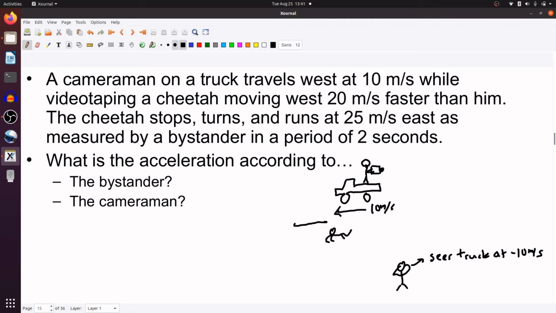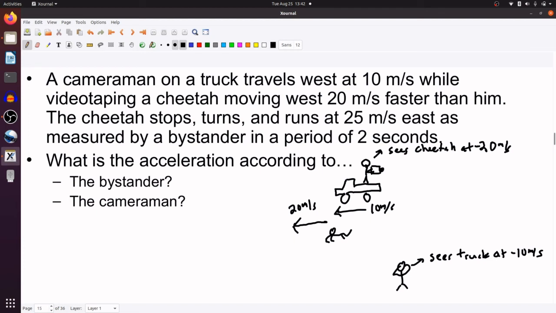So, we see that the cameraman sees that the cheetah is moving 20 meters a second faster than him in that direction. So, I'm going to write this out here. Sees cheetah at 20. And since it's moving to the left also, we're going to say -20 meters a second.